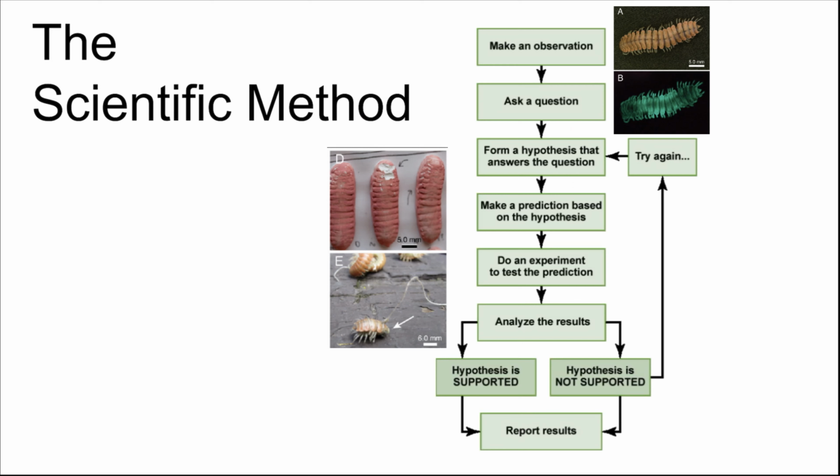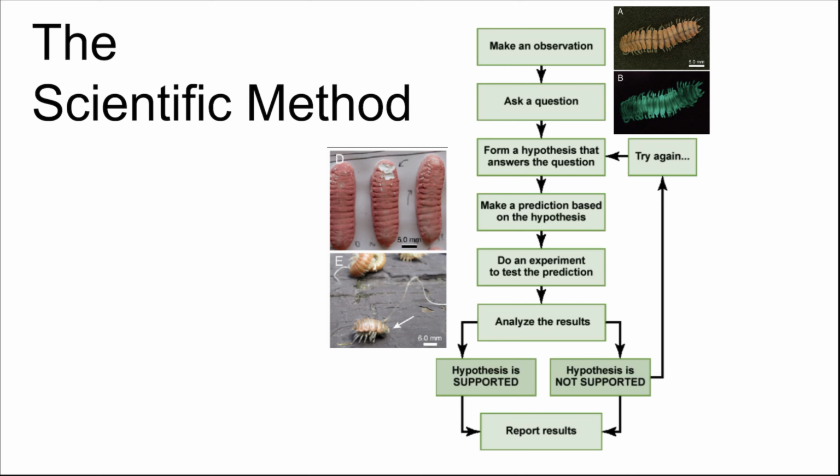Then you make a prediction based on the hypothesis, which is, I predict that predators will attack a non-glowing clay model more than a glowing clay model. Then you do an experiment to test the prediction. You make the clay models, you go out, you do different replicates, and you have all of your science friends help you out.